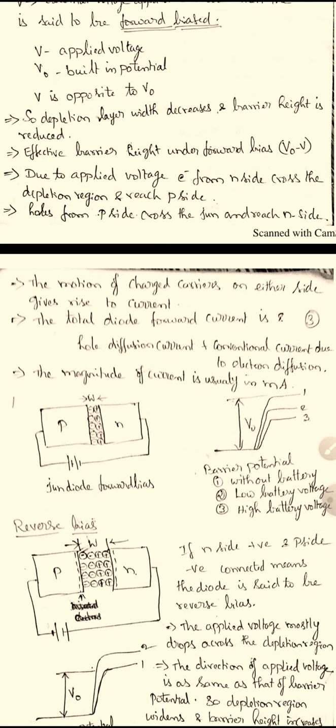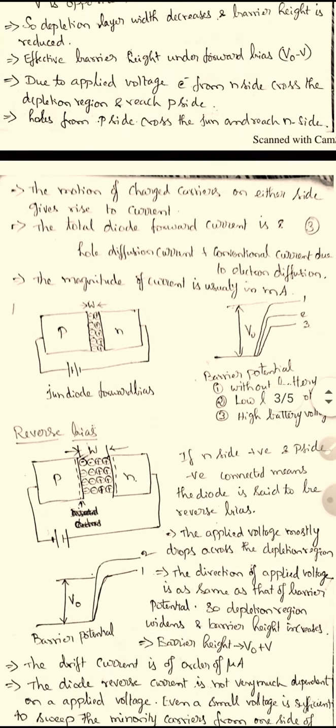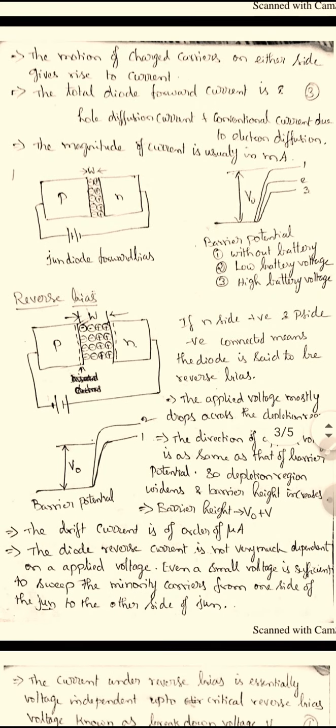If you give high battery voltage to the circuit, the graph will be like the third one. Next we can go for reverse bias.